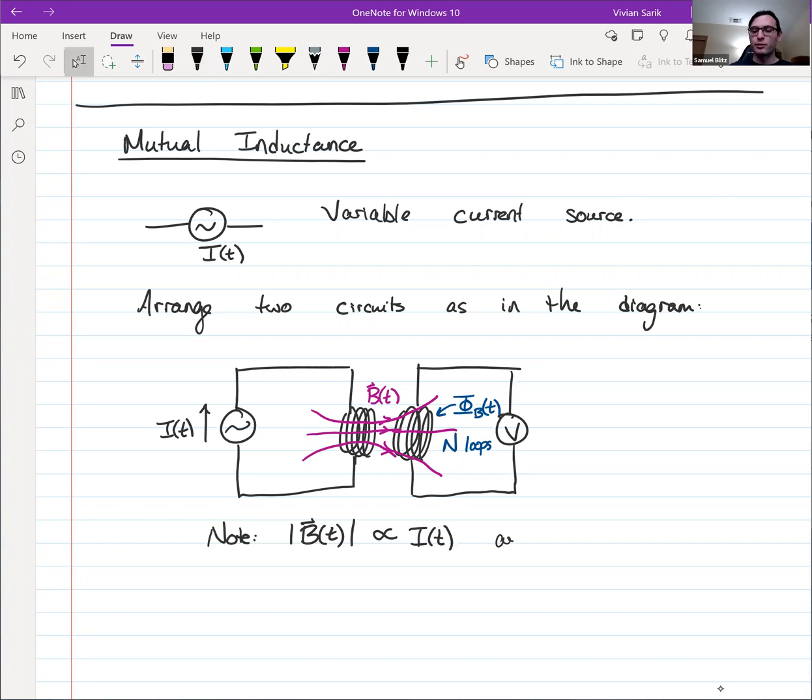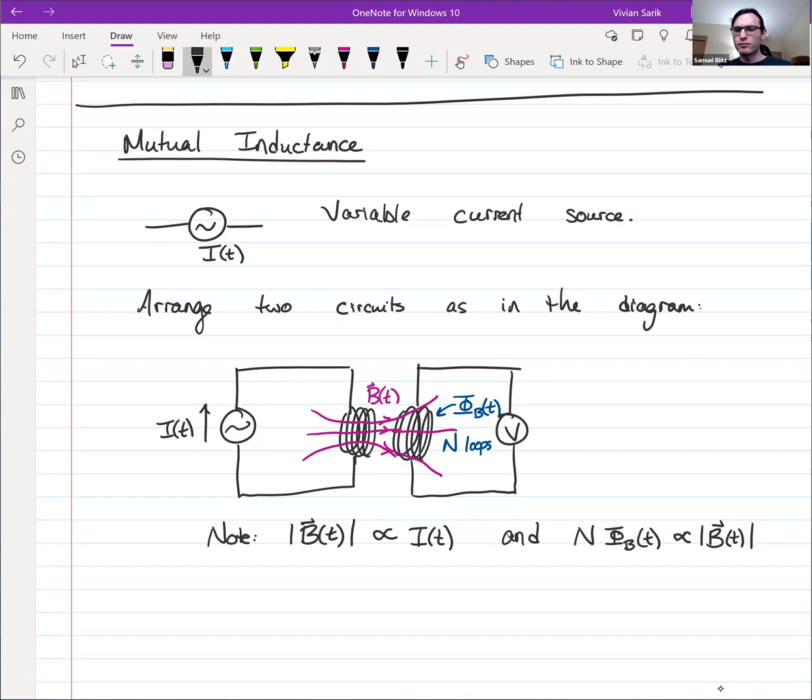And so further, the rate of change, the number of loops times the flux in the second loop is proportional to the magnetic field. And that should be kind of obvious.